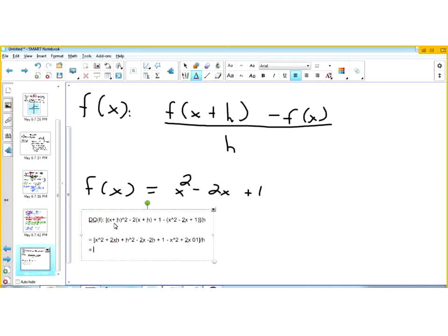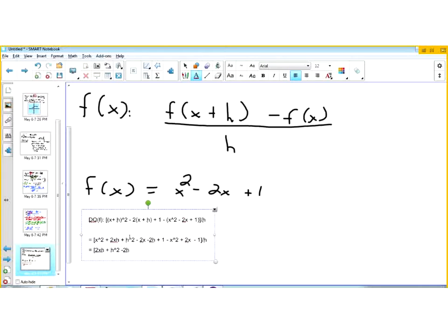So simplifying the numerator, well, the x squares cancel. We're left with 2xh plus h squared. Looks like the 2x's cancel.